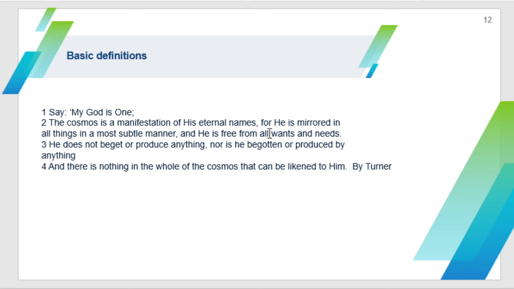This is the translation of Allah الصمد. لم يلد ولم يولد: He does not beget or produce anything, nor is he begotten or produced by anything. This is the translation by Turner of the third verse. And there is nothing in the whole of the cosmos that can be likened to him. ولم يكن له كفوا أحد.